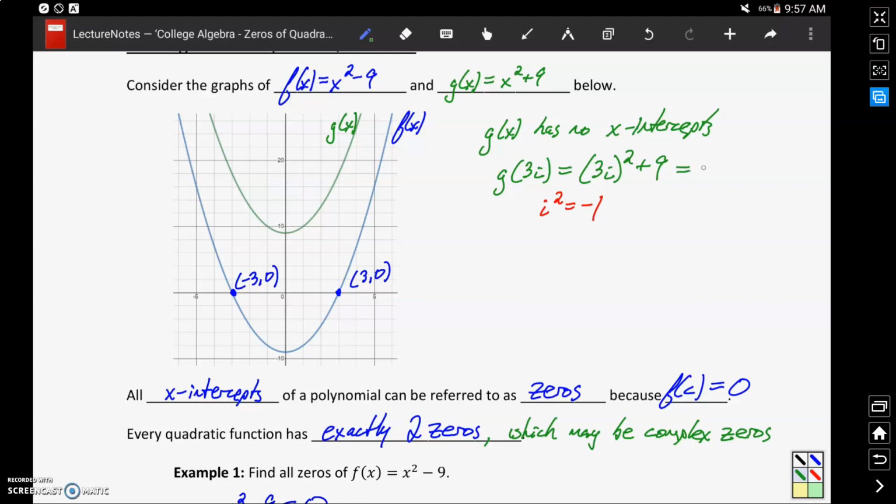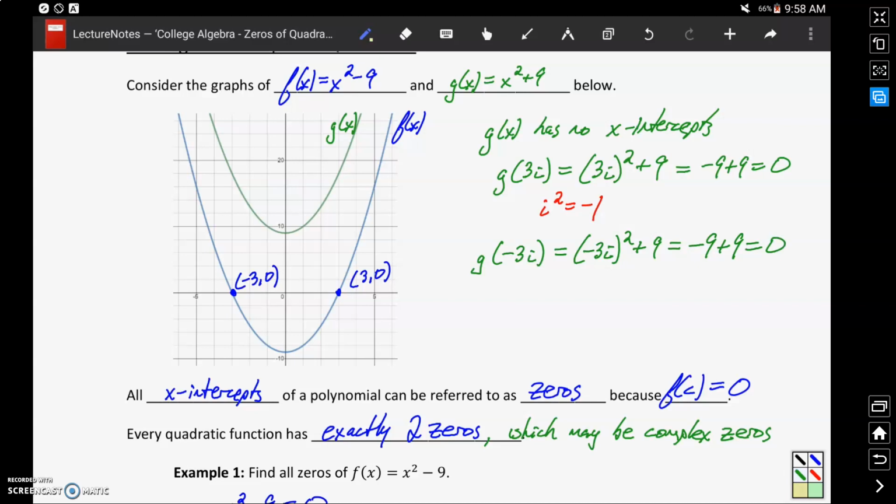So this would give us -9 plus 9 is equal to 0. And g of -3i is going to be equal to -3i, that quantity squared, plus 9. Here, -3 squared will be 9, and i squared will again be -1. So we'll get -9 plus 9 is equal to 0.